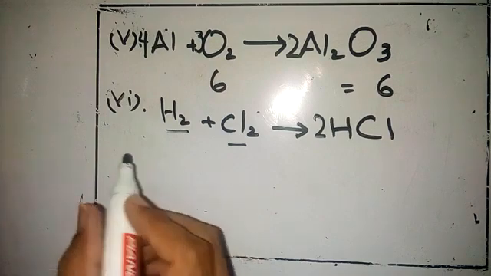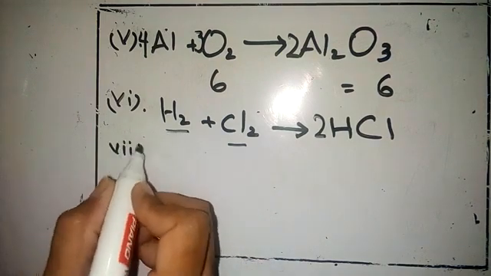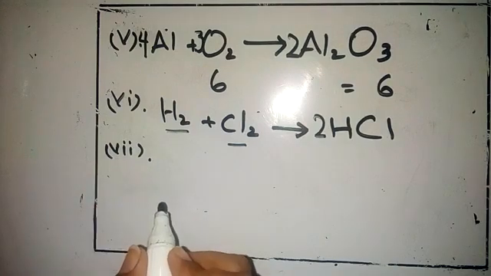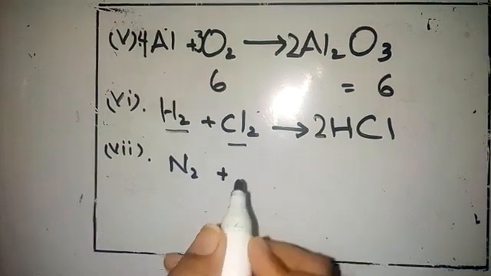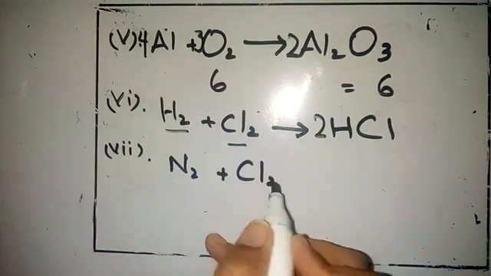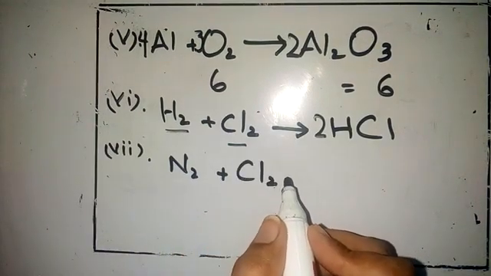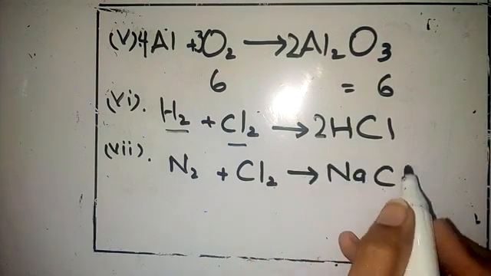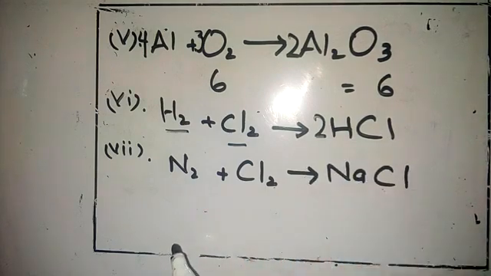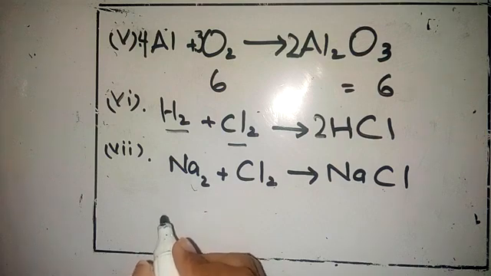The next is 7, which is Na plus chlorine. This will give us NaCl. So students, this is sodium.